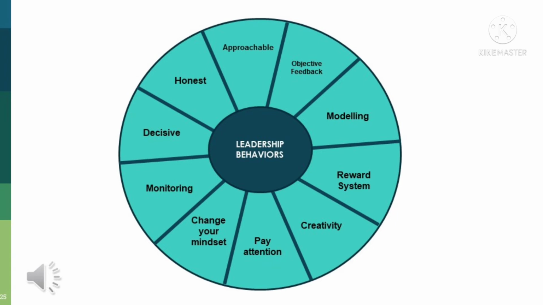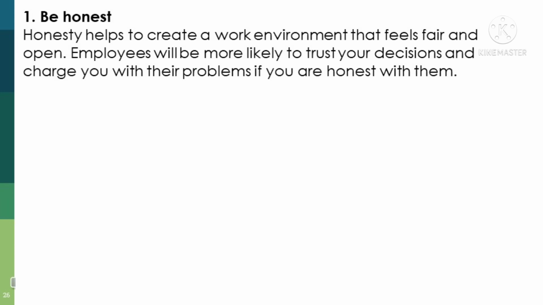A leader must be honest, be confident in your decisions, be approachable, provide objective feedback, lead by example or modeling, create a reward program for staff members, change how you approach your work, address potential issues before they become problems, pay attention to the needs of the individual employees and try to meet them, encourage creativity by keeping lines of communication open. A leader must be honest.